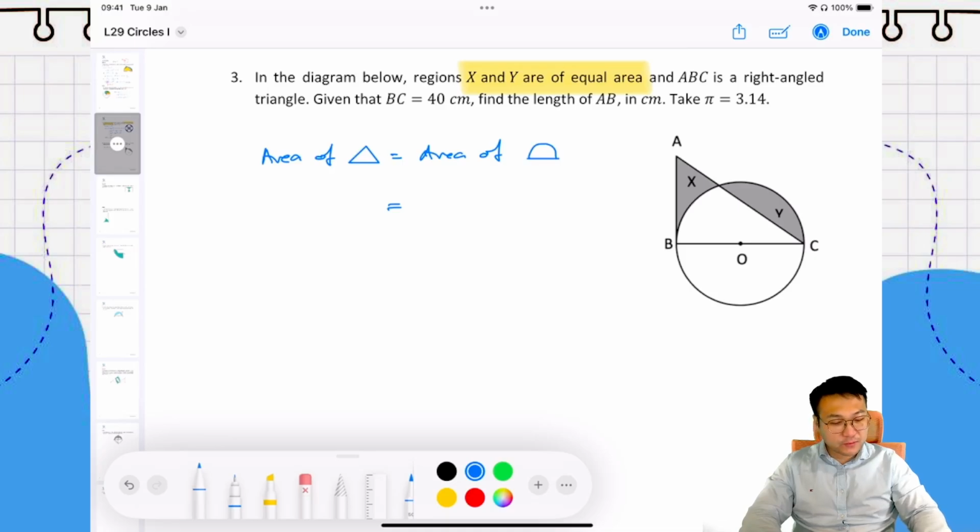Zoanne, can you tell me the formula for finding the area of a semicircle? Pi, what do you call this? Pi, what? What's the area of a circle? A semicircle is just half of a circle, yes? So, what is the formula to find the area of a circle?